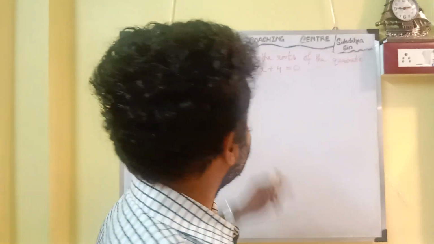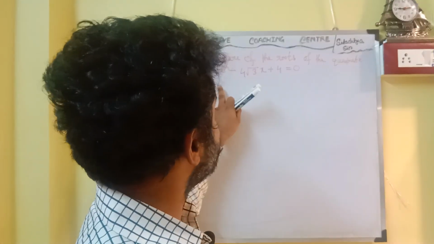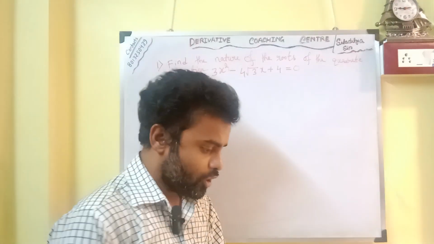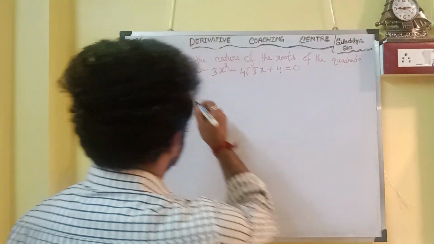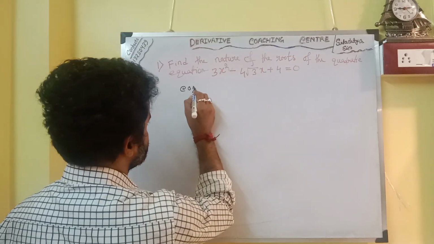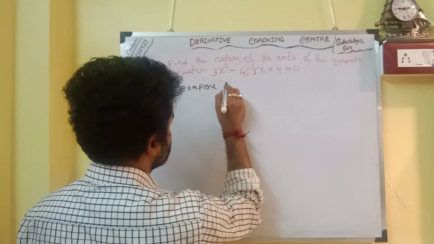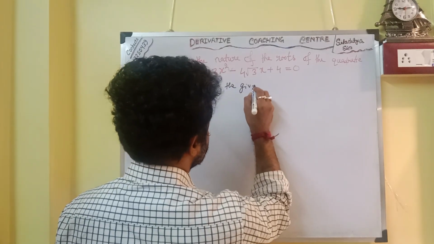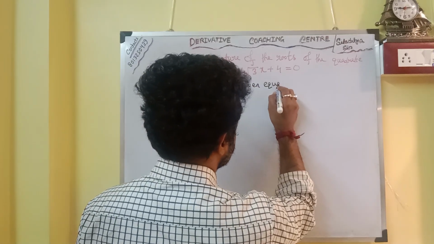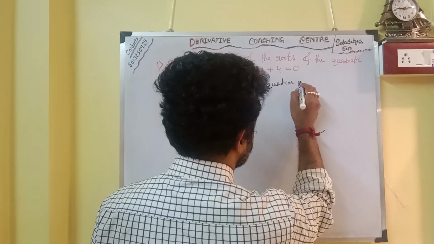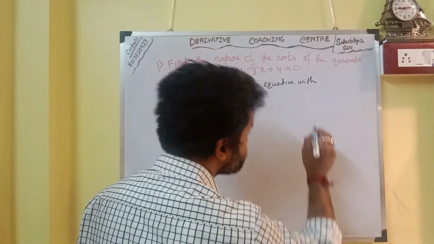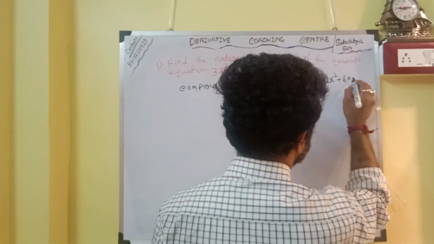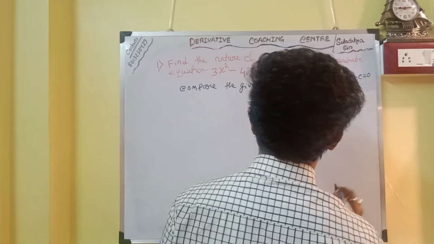The first question: find the nature of the roots of the quadratic equation 3x squared minus 4 root 3 x plus 4 equal to 0. So first you have to compare the given equation with ax squared plus bx plus c equal to 0.